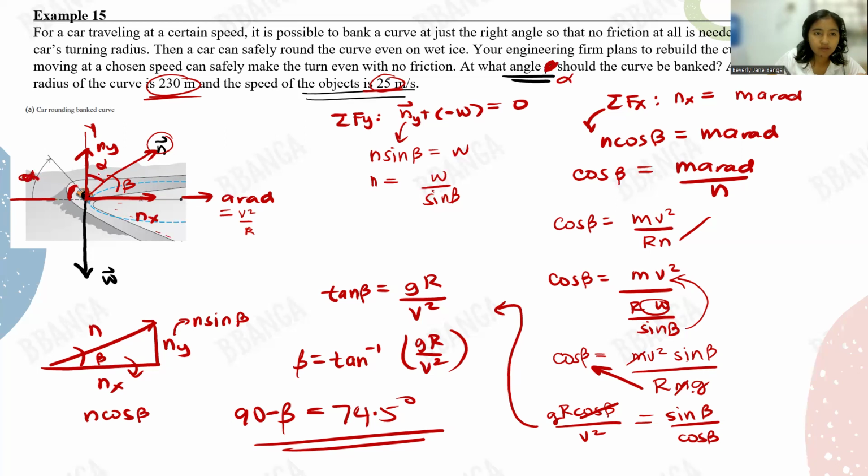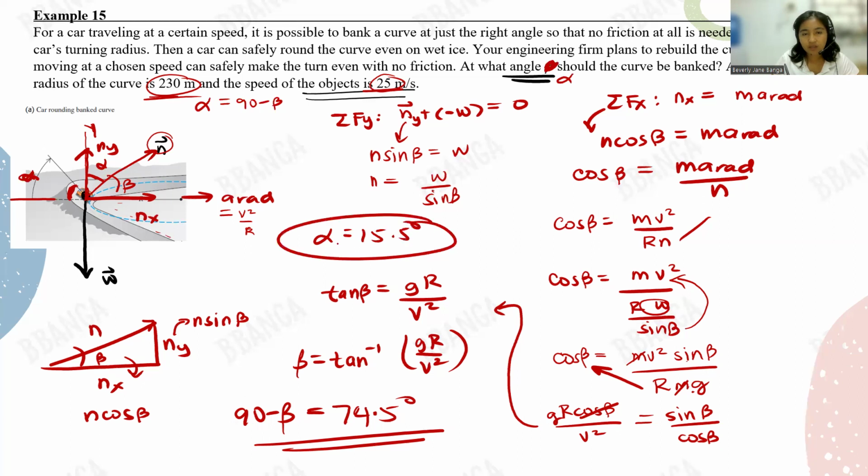So, ang alpha natin, sabihin na lang natin is equal to 90 minus beta. So, at what angle alpha? So, ang alpha natin dito ay 90 minus 74.5, which means that alpha, okay, yung final na sagot natin is therefore 15.5 degrees. Okay?